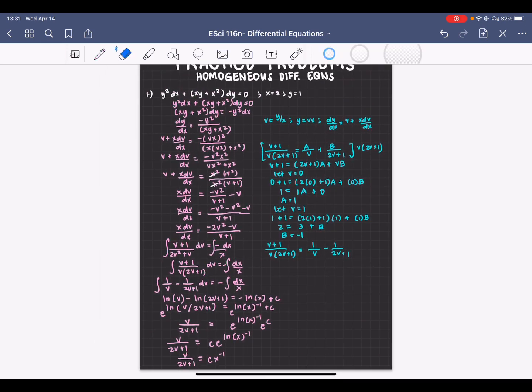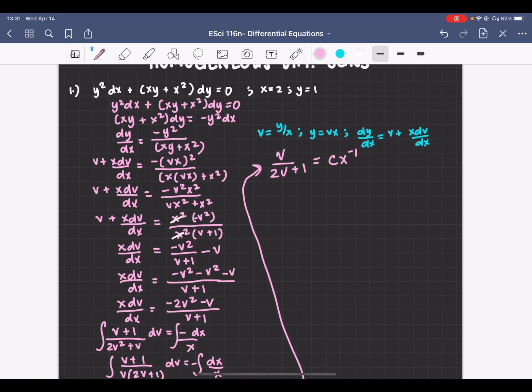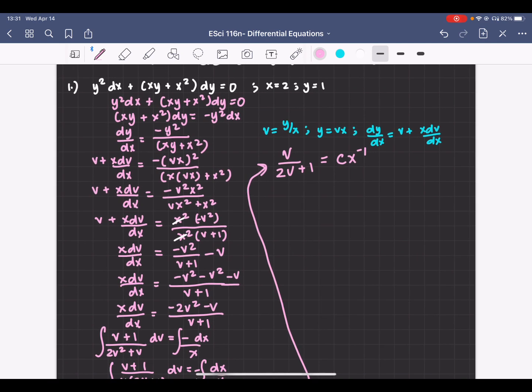So we can erase here our fractional decomposition to make space. Let us substitute back our v to y over x.